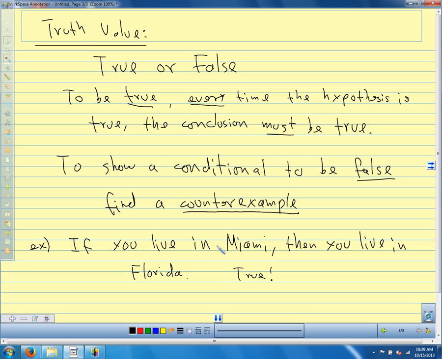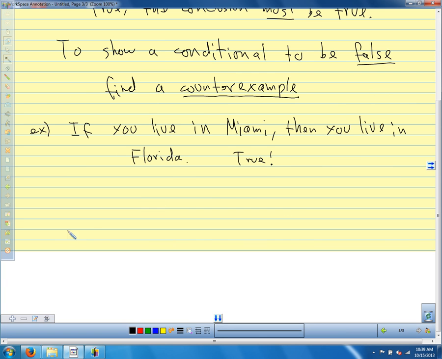There could be some little town in Ohio called Miami. I don't know if it's little. But there could be a town in Ohio called Miami. And then, if you knew that, that would be your counterexample. My counterexample is the city Miami in Ohio. If you're in that city, then you're not in Florida. So that would be a counterexample. How about this one?